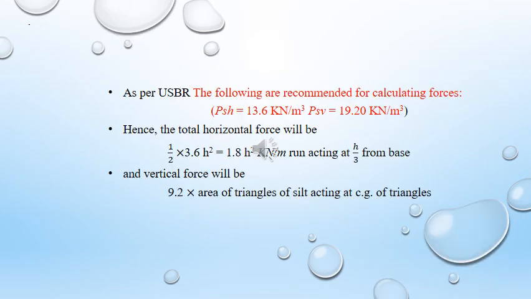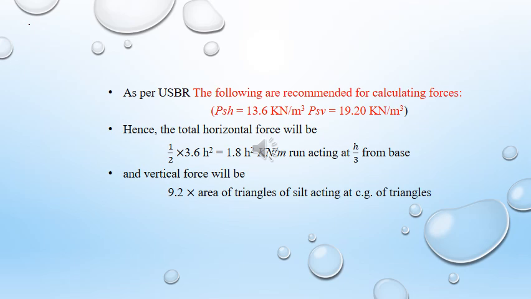As per the USBR, United States Bureau of Reclamation, the recommended practice in design is to consider silt pressure as a fluid pressure, which creates a horizontal pressure with intensity equal to 3.6 kilonewton per meter square, and a vertical pressure with intensity of 9.2 kilonewton per meter square.